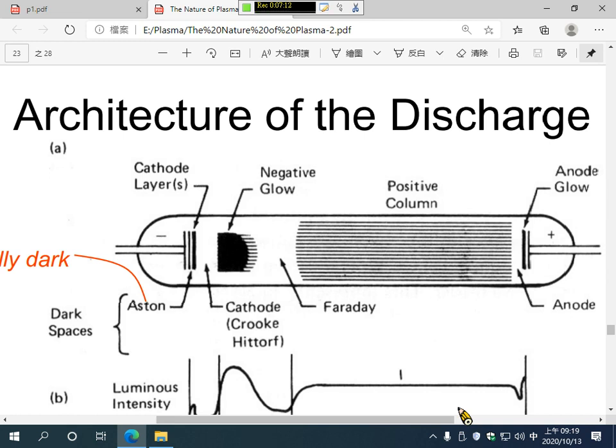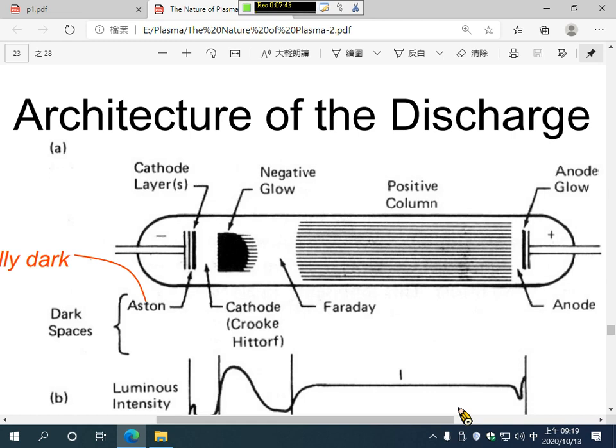So it is caused by the recombination between electrons and ions. The ions come from the plasma volume, and the electrons are emitted from the cathode surface. So this luminous part originates from recombination of electrons and cations.